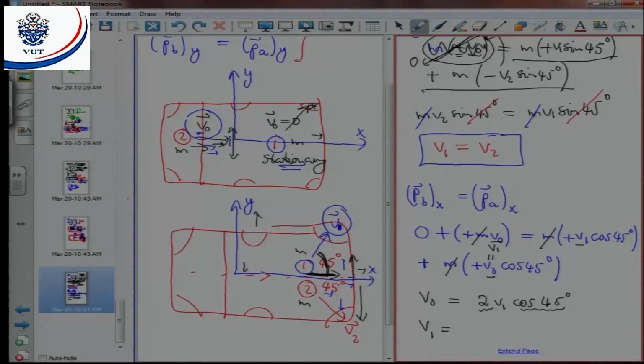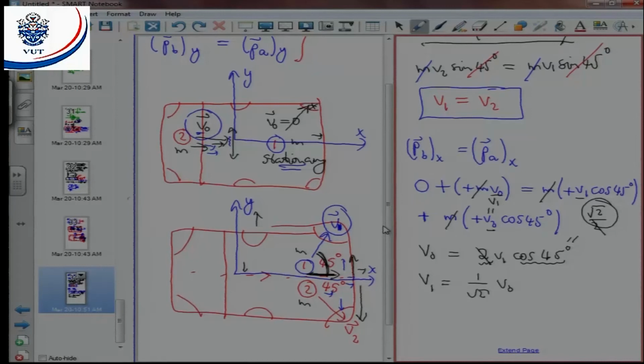Cos 45 is square root 2 over 2. So this 2 cancels that 2, so I'm just left with square root 2. So v1 equals, I have to divide by square root 2. It's just 1 over square root 2 times v naught. Okay, so that's our final solution.